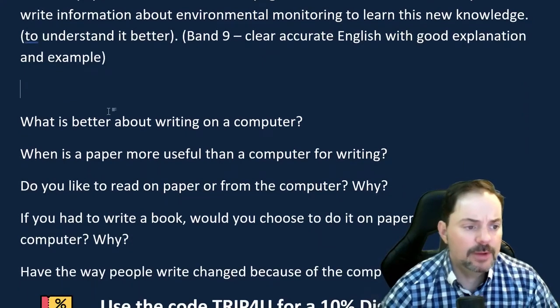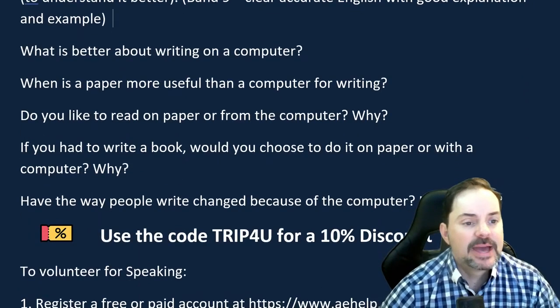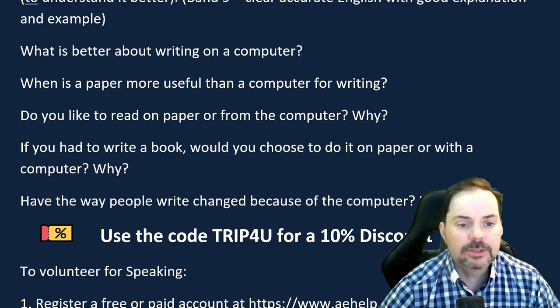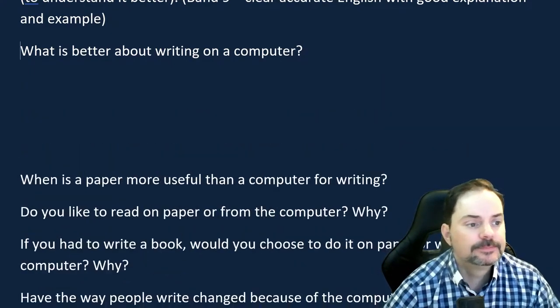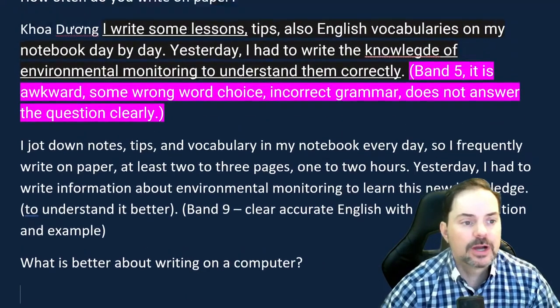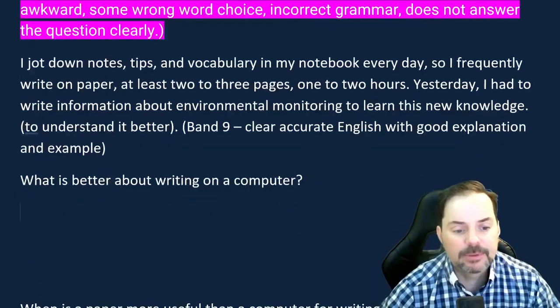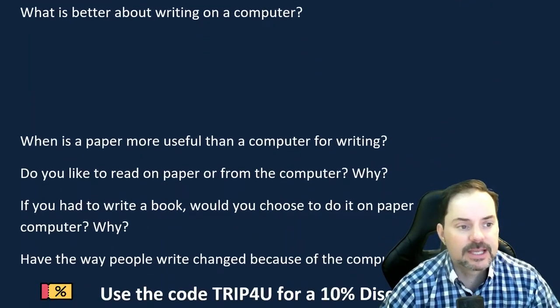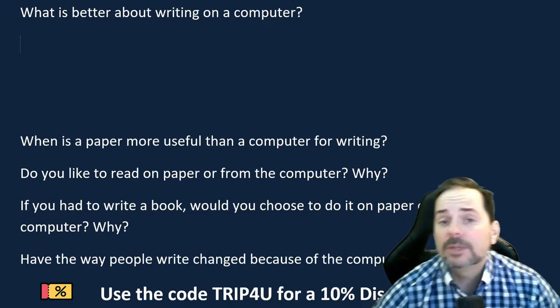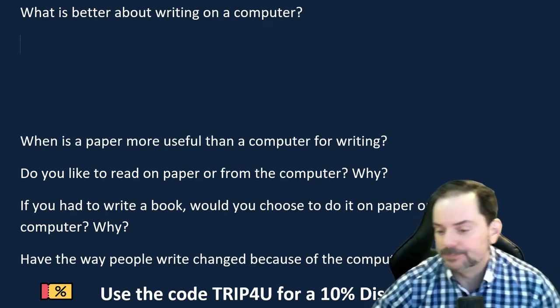Okay, let's do one more here. What is better about writing on a computer? So we're talking about writing on paper and computer, and the examiner might ask you, what is better about writing on a computer?